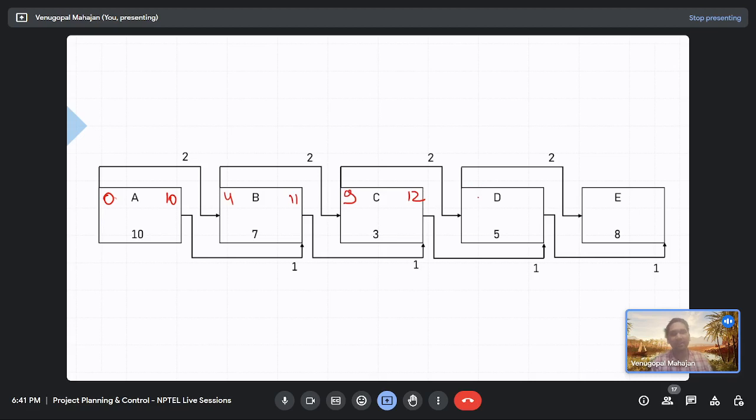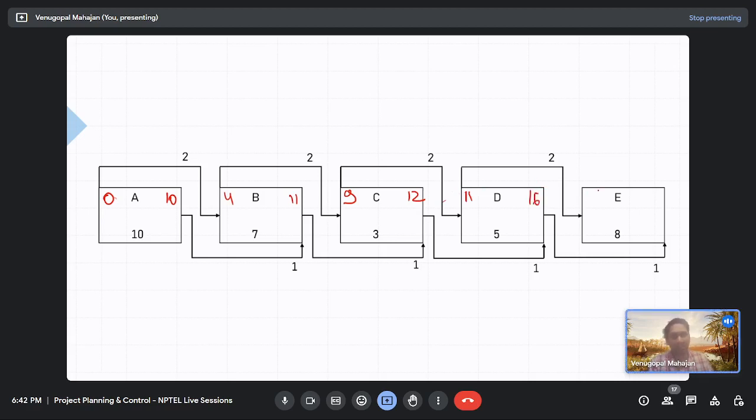What about activity D? 12, sir. It could be 9, 6 plus 2, 11. Then 11 plus 5, it would have been 16. Or 12 plus 1, 13. And 13 minus 5, 8. So you would say it is 11 and 16? Yes, sir. 11, 16.